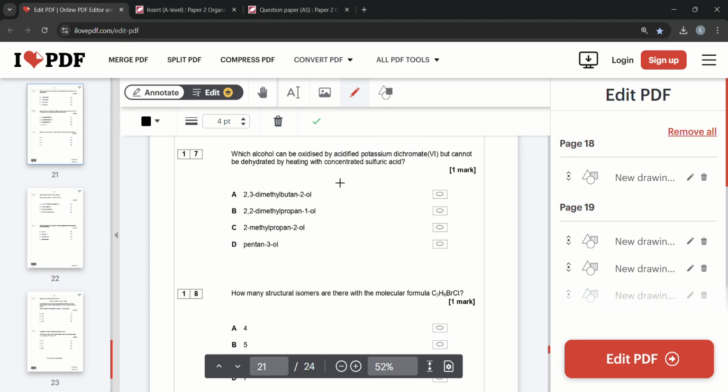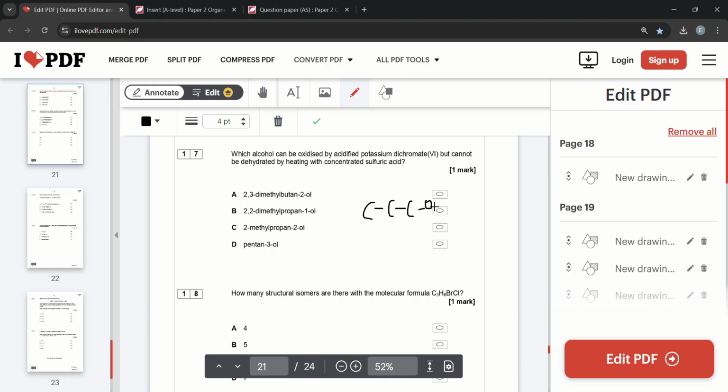Which alcohol can be oxidized by acidified potassium dichromate but cannot be dehydrated by heating with concentrated sulfuric acid? Let's look at 2,2-dimethylpropan-1-ol. Methane, ethane, propane.